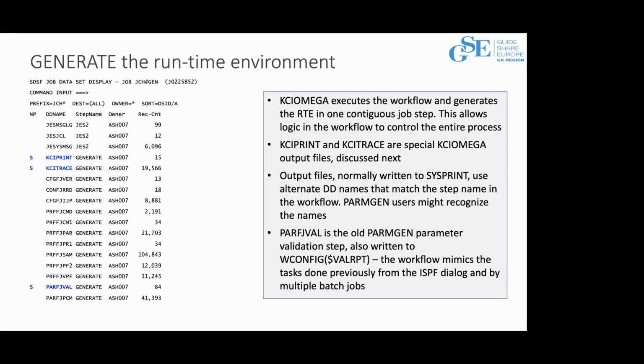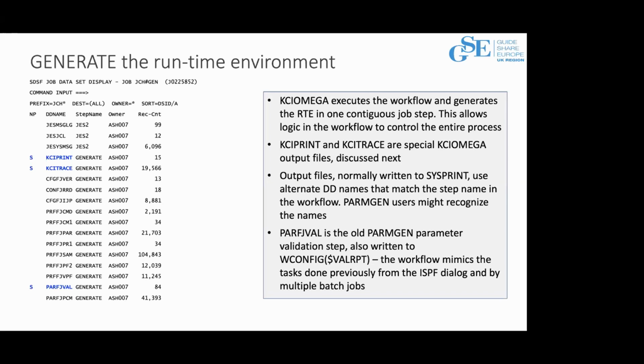Previously, you would have to run that in PalmGen, so it's still used in PalmGen, but in this case, we run it early on and validate the parameters without creating the runtime environment for you. So you want to make sure that your validation is done first, then create the data sets. Of course, the job would stop if there's an error, and you correct the error and just resubmit it.